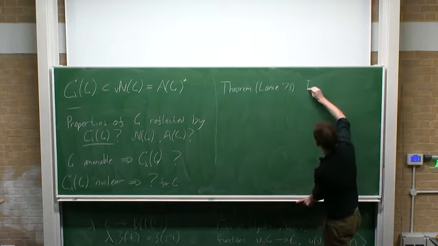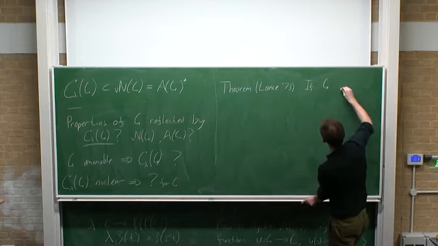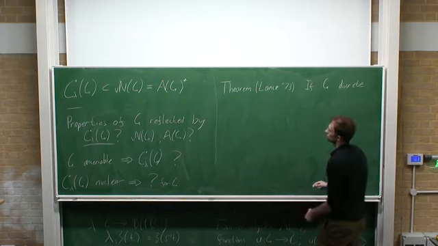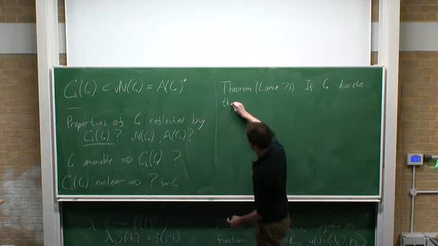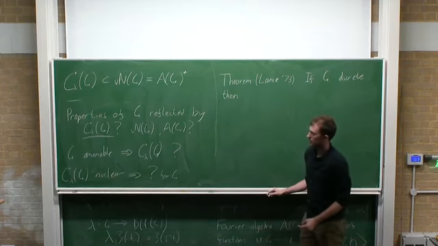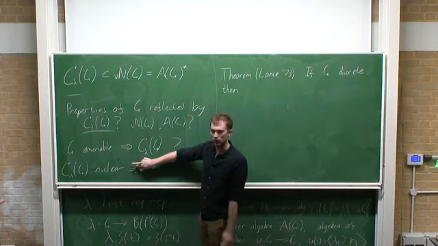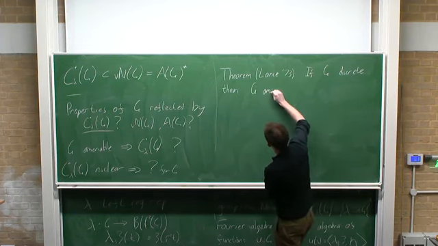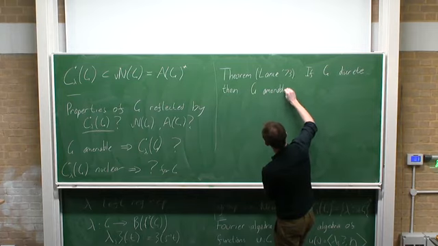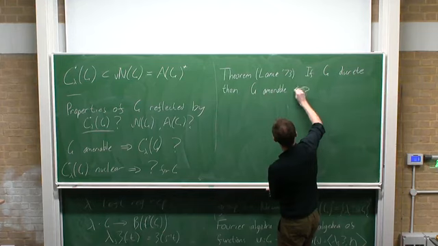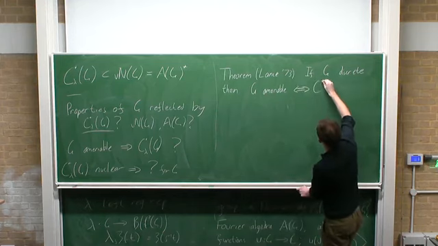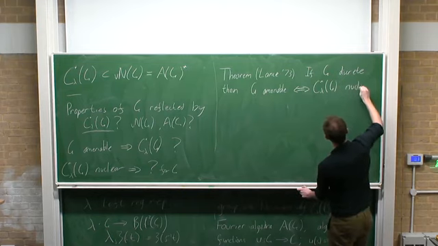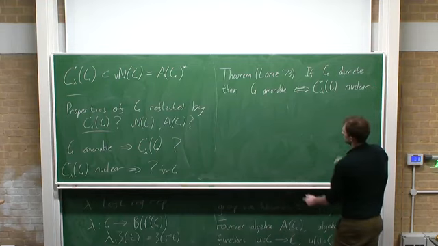Lance proved that if G is a discrete group, then, well, he answered this very neatly, basically as you might guess: G is amenable if and only if the reduced group C-star algebra is nuclear.